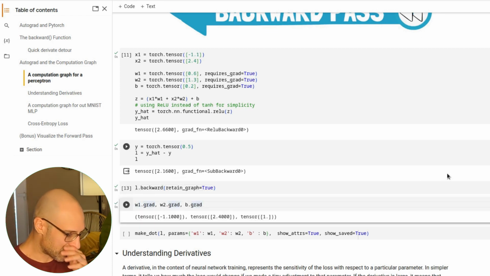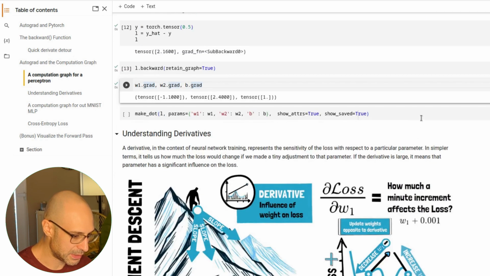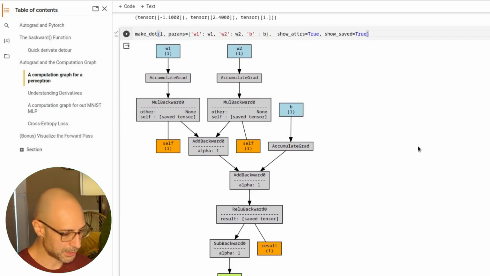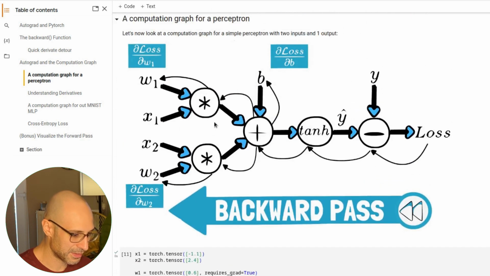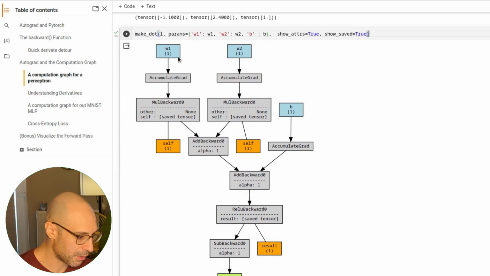And now if we look at the gradient variable, you can see that indeed the gradient for each of these variables has been calculated. And we can also take a look at the computation graph. And so this is how PyTorch has accomplished this. This graph is exactly the same as this. It is just vertical, as you can see. So we've got weight 1, which was multiplied by x1, weight 2, which was multiplied by x2.